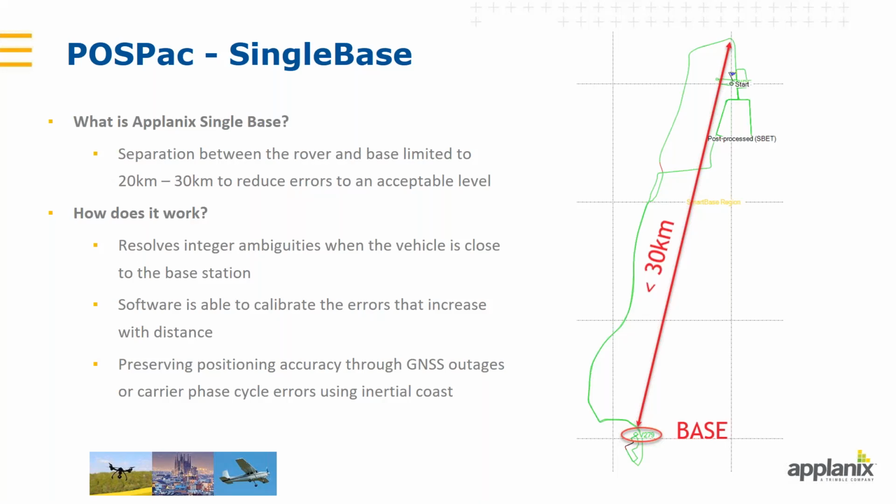So this is the main concept behind using base station data. And for single base, it's important to keep this restriction in mind, that the base to rover separation should not exceed 20 to 30 kilometers.